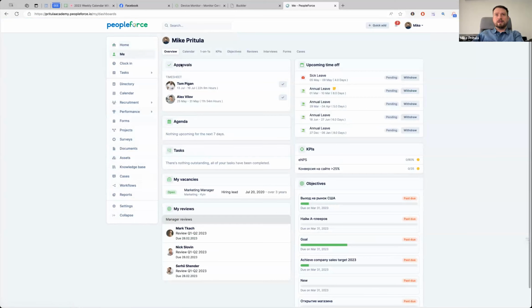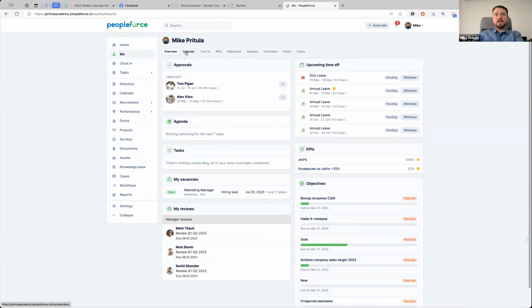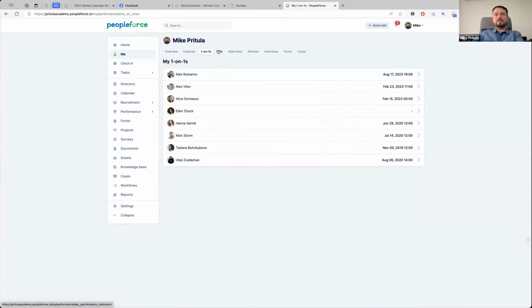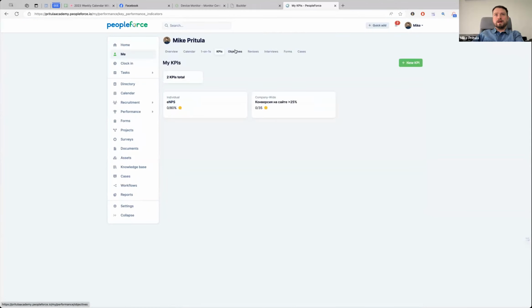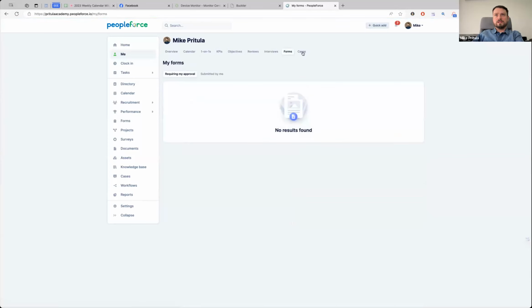Here I have my approvals that are awaiting my reaction, my agenda tasks, my vacancies if I'm a hiring manager, my reviews if I'm participating in a performance review, upcoming time off, my KPIs, objectives if I'm using the OKR system. And then I have a calendar, in which I can see my one-on-ones, KPIs, objectives, reviews, interviews, forms.